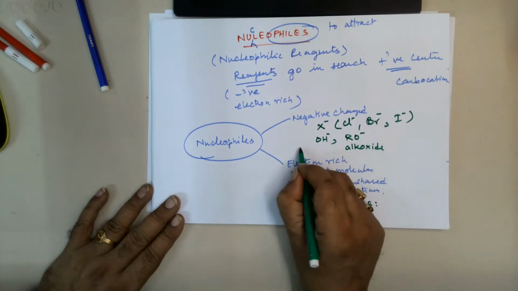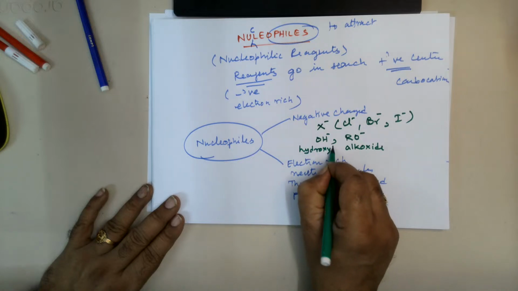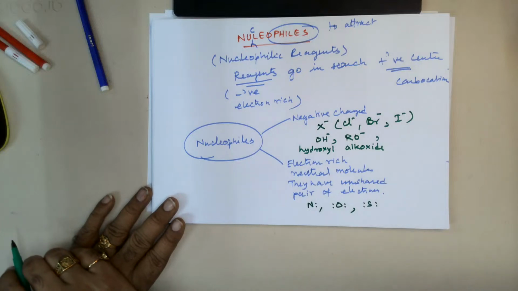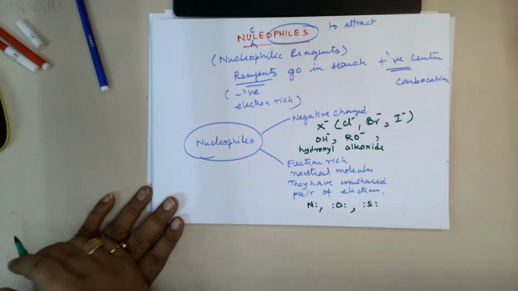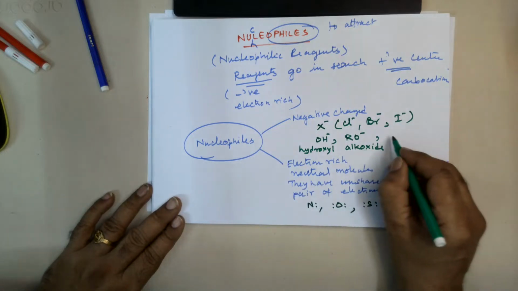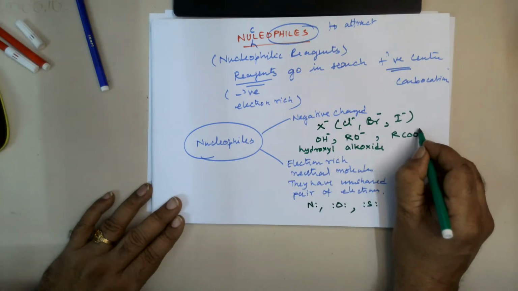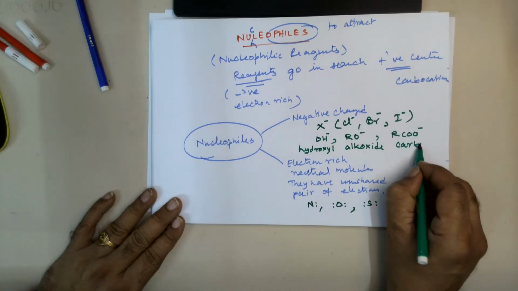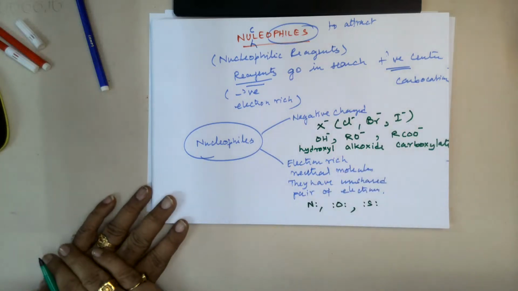Hydroxyl group, alkoxide group. Then you have the carboxylate anion, or COO minus. This is called the carboxylate anion, so carboxylate group.